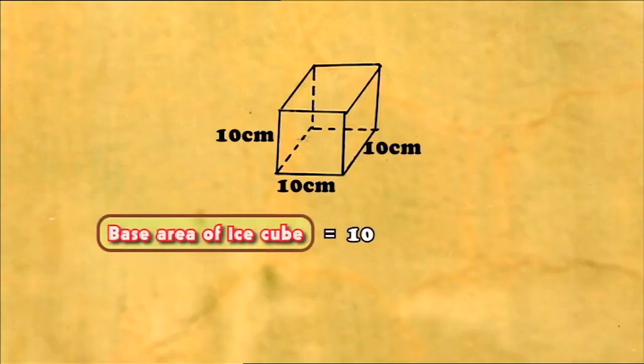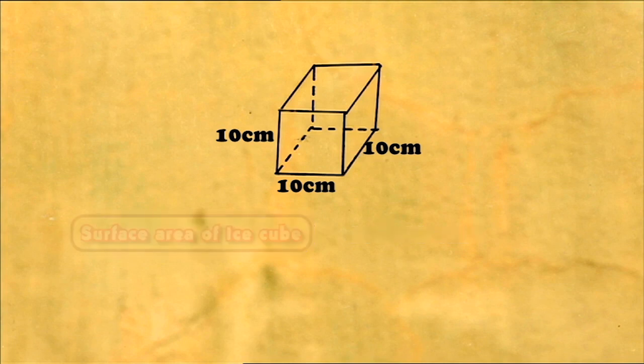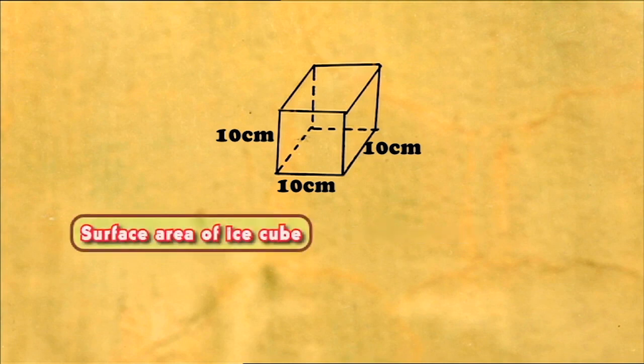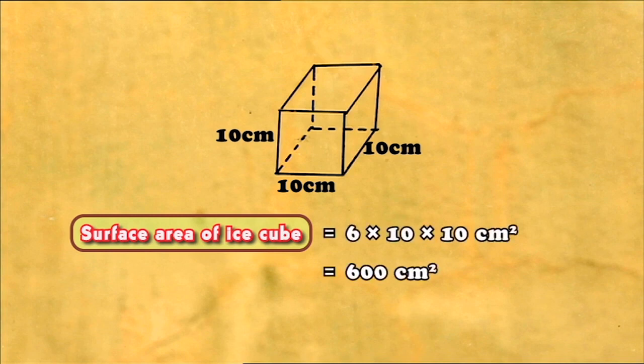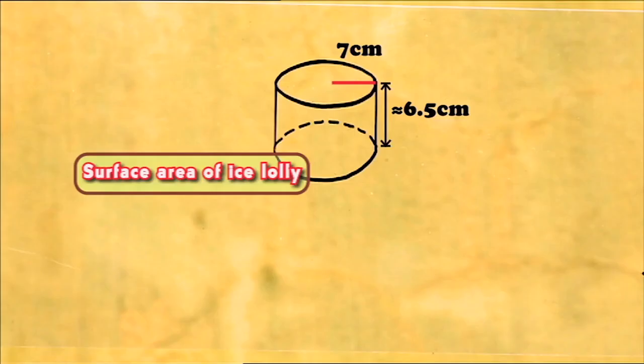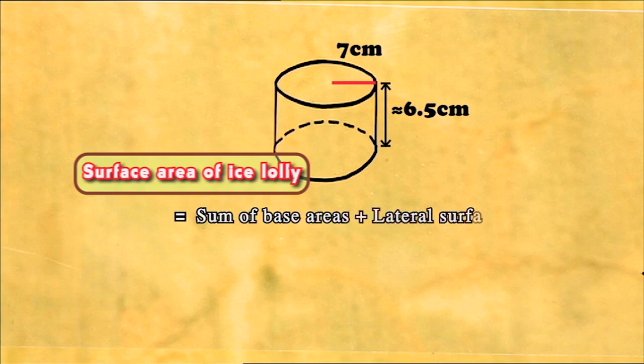The base area of the cube equals 10 times 10, which gives 100 square centimeters. As the base area equals the lateral surface area, the total area of the cube equals 6 times the base area. In other words, 6 times 100, which equals 600 square centimeters. The surface area of the ice lolly equals the sum of the circular base areas plus the lateral surface area.